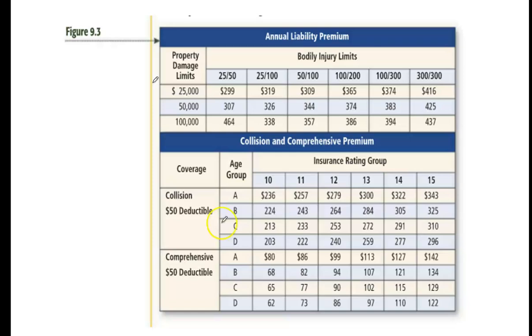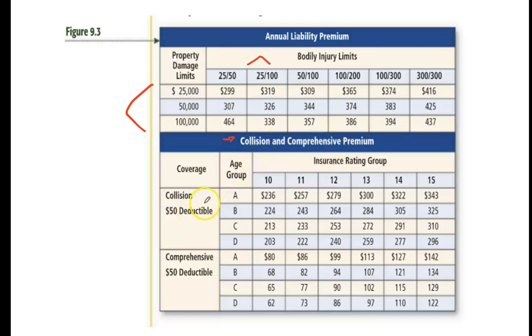Up here, you'll be given two numbers, and you will find the first number. So it'll say 50,000 at 25,100. That would be 325. Or 100,000 at 100 to 200 would be 386.